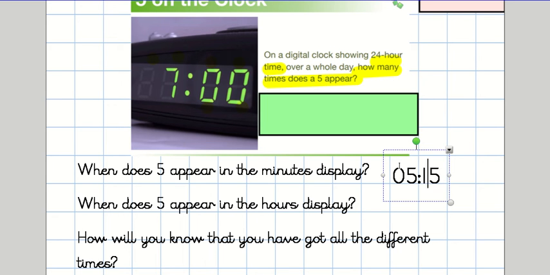I also know that it could appear at 5:05 in the morning. I can think of lots of different times very quickly, but is that me working systematically? I'm bound to miss some of the 5's out. So you need to think of a system of how you're going to work.